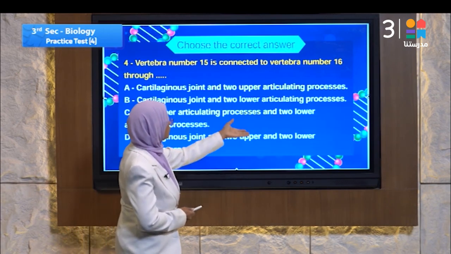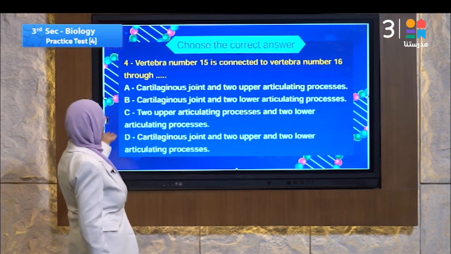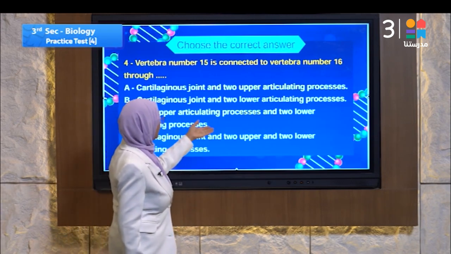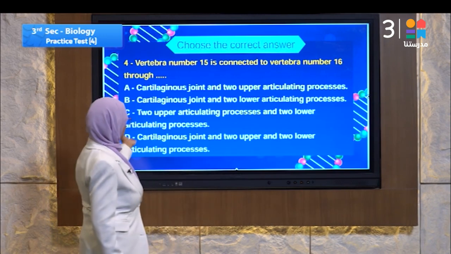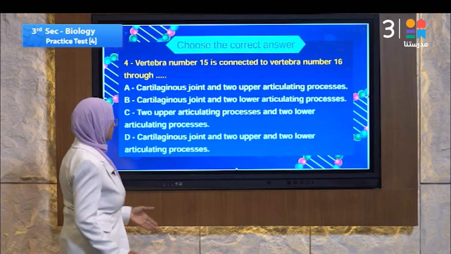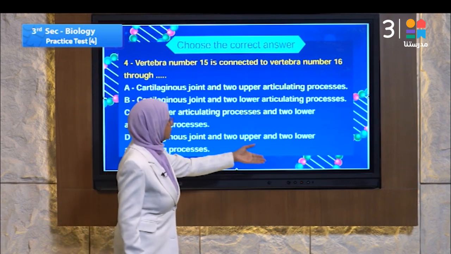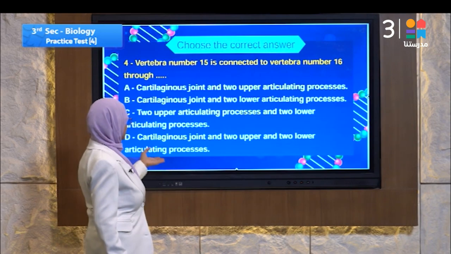Cartilaginous joints and 2 lower articulating processes, it's not enough also. 2 upper articulating processes and 2 lower articulating processes. Let's read the last one. Cartilaginous joints and 2 upper and 2 lower articulating processes.